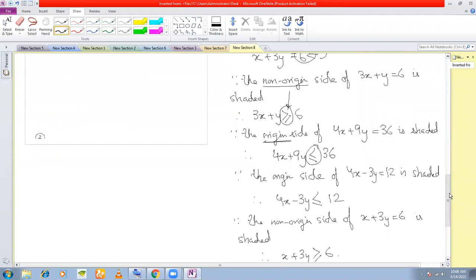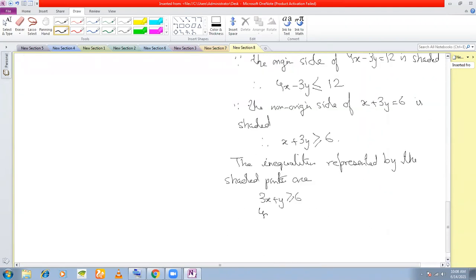Next, 4x plus 9y less than or equal to 36. 4x minus 3y less than or equal to 12. And x plus 3y is greater than or equal to 6. So that is your answer.